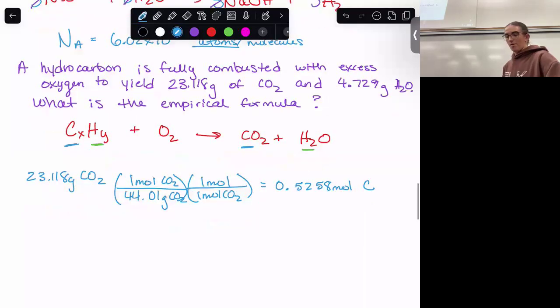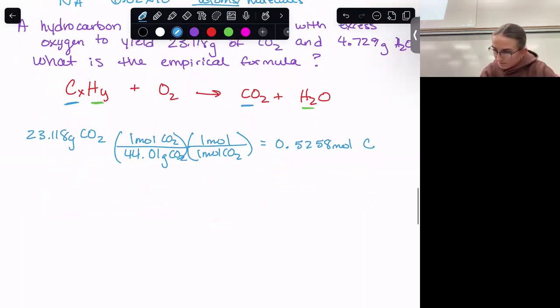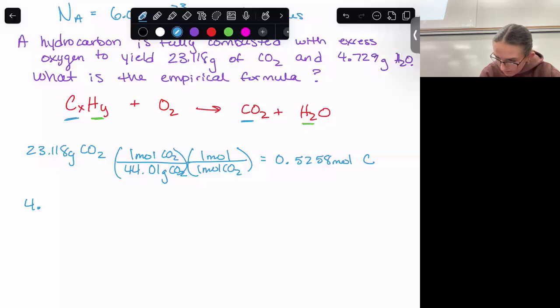Good question. Alrighty, so we are in moles of carbon. What do we have to do to get to moles of hydrogen? Yep, same thing, but we're going to use the water molecule instead. So we have 4.729 grams of H2O. 1 mole of H2O is 18.02 grams.